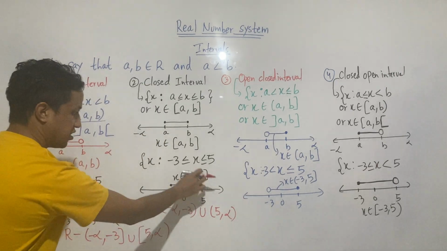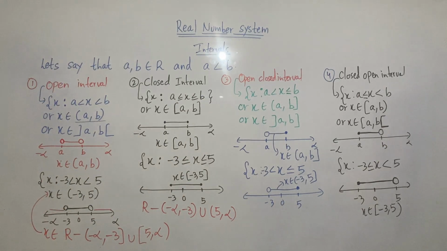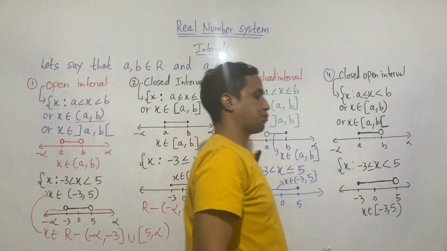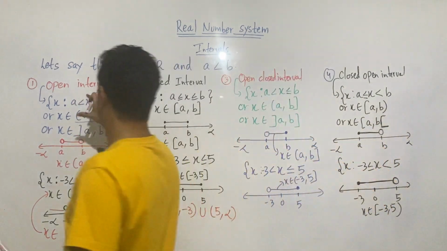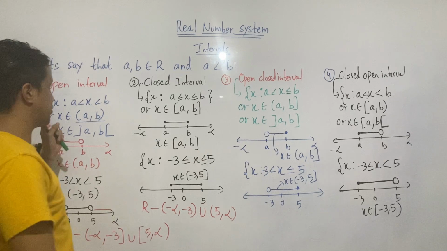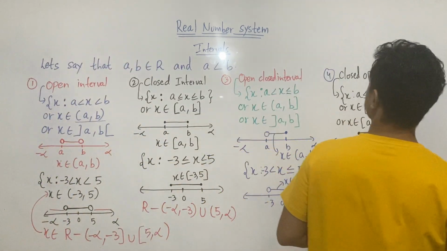So it means this set. Understand? It's not difficult, but the main thing is that we have 4 different types of intervals: open, closed, closed-open, and open-closed.